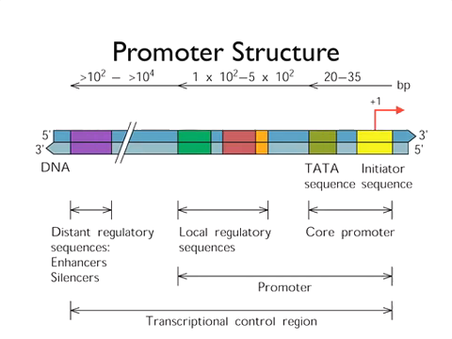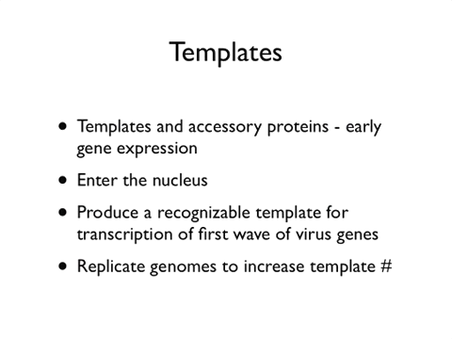And finally, there are distant regulatory sequences known as enhancers and also silencers. So sequences that can actually attenuate transcription and transcription initiation. And sometimes both of these sequences are present in a gene, but they depend upon the cell in which the virus is infecting for whether or not one predominates over the other.